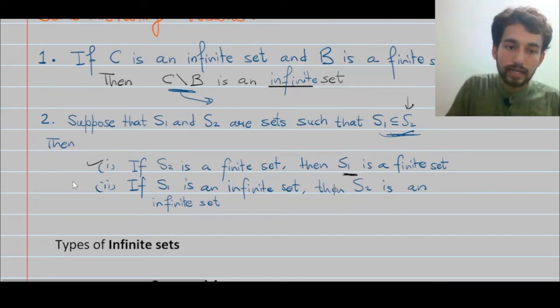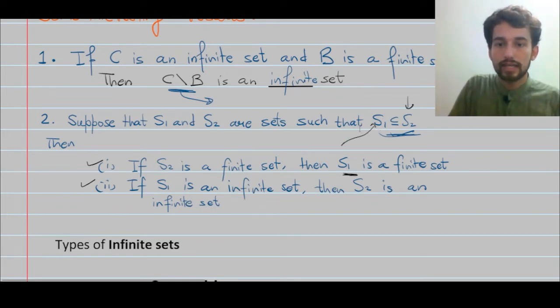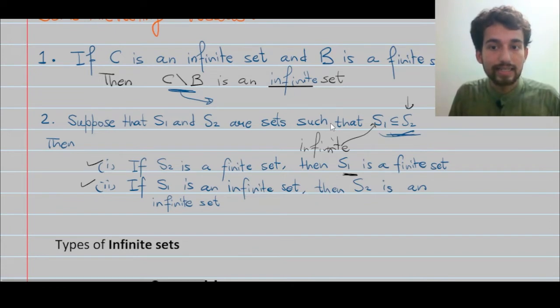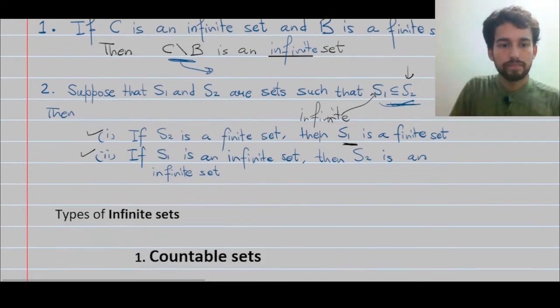The second point in this result is that if S1 is an infinite set, then its superset S2 is also going to be an infinite set. I'm skipping the proof of these because we're going to use them.